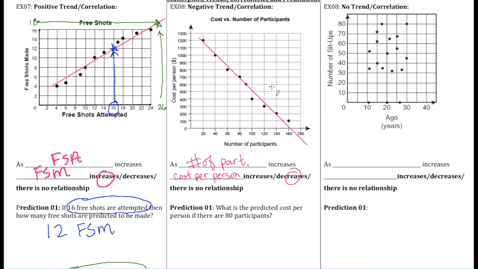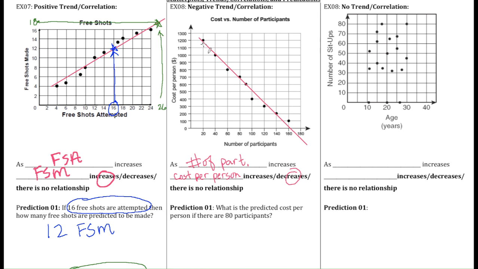Okay. So we want to make a prediction for 80 participants. And remember, do your best with this line. Do a good job. The only reason I'm moving on is because if I could zoom in without ruining this whole thing, I would get a better line, but I don't want to ruin this.